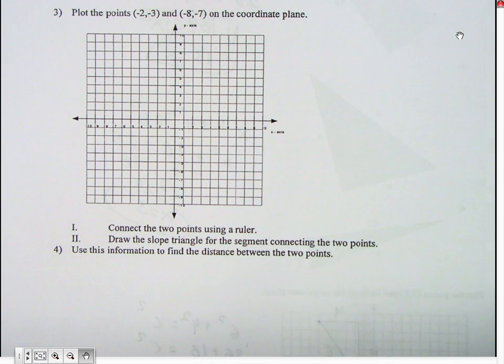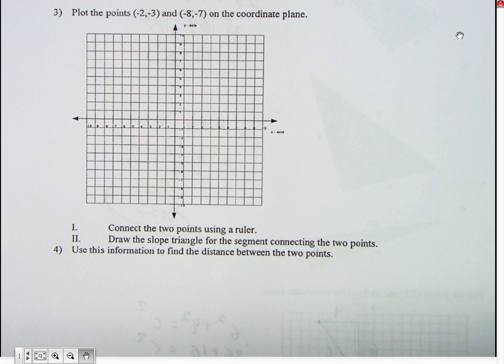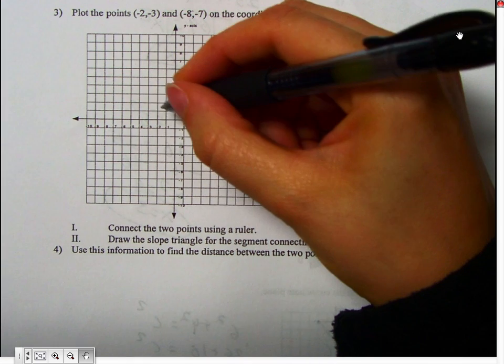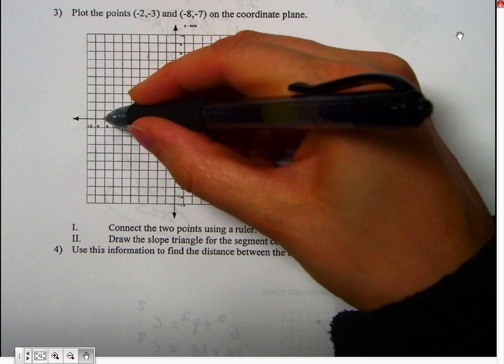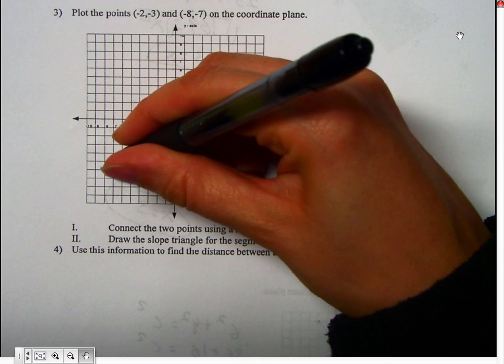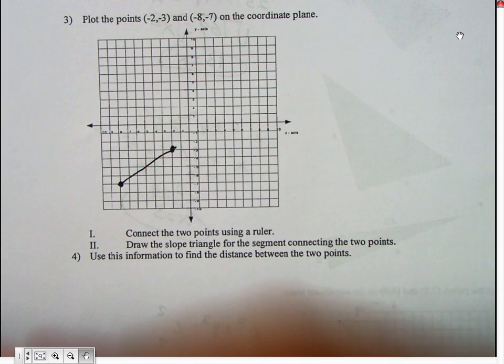How are we doing? Do we need a little more time? All right, I'm going to do it. -2, -3, -8, -7. I'm going to draw in my slope triangle.